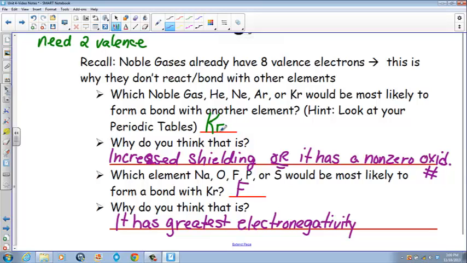Okay, krypton is a noble gas, and it has 8 valence electrons. It cannot gain any more. It's going to give up, so krypton can give up some electrons. So we need to find the one that's going to have the strongest ability to gain that from the krypton, and that is going to be the fluorine. All right, so I'm going to put this at the bottom here.